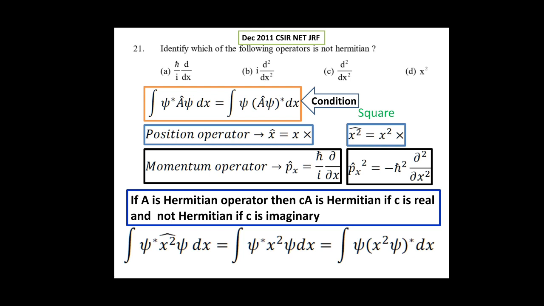Otherwise, you can think in this way: px square is nothing but some constant times d square by dx square. So if px square is a Hermitian operator, then del square by del x square has to be a Hermitian operator.